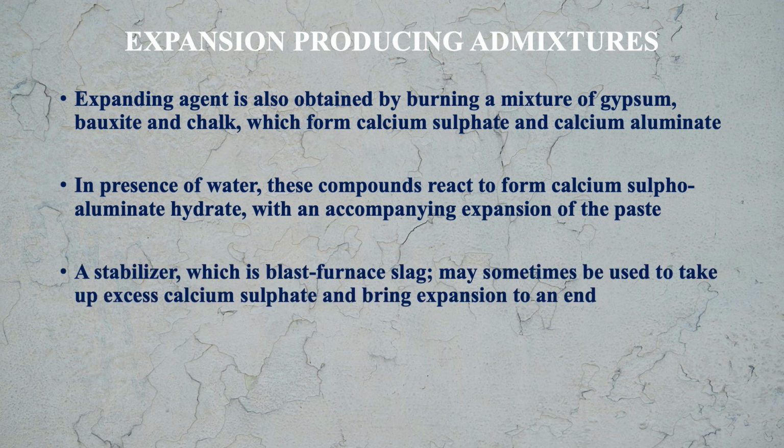A stabilizer, which is blast furnace slag, may sometimes be used to take up excess calcium sulfate and bring expansion to an end, because we cannot allow unlimited expansion.